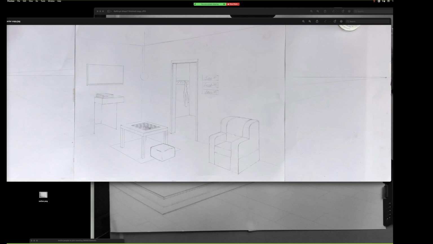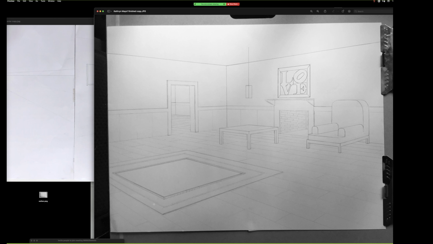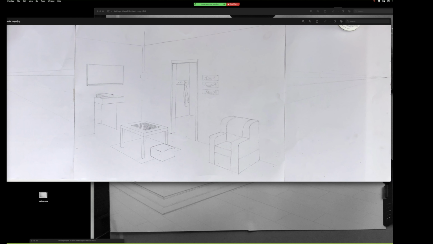So how is it that one feels closer to us and the other one doesn't? One feels like we're in a smaller, cramped room and the other one doesn't. How is the artist showing that? What are they doing to make the drawing look like that? Why does this feel so open, but this feels like we're close to the wall, the corner of the room?